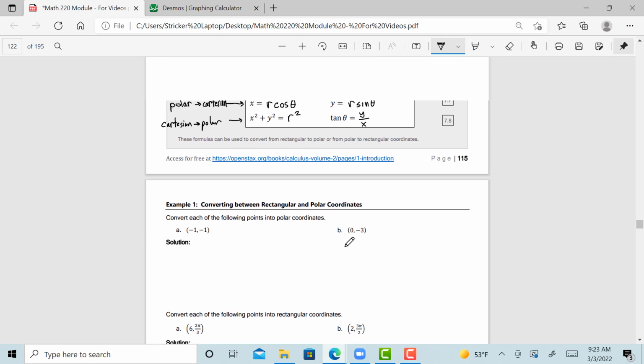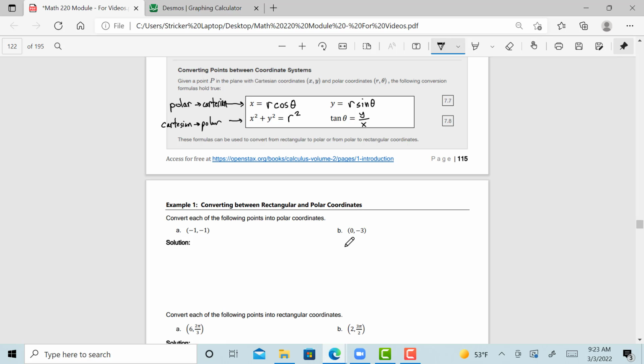So again, using the formulas on the previous page, if we're given x and y and we want to find r, we're going to use the Pythagorean one. So x squared plus y squared is equal to r squared. Well, that means negative 1 squared plus negative 1 squared must be r squared.